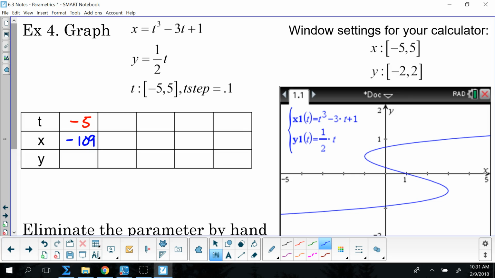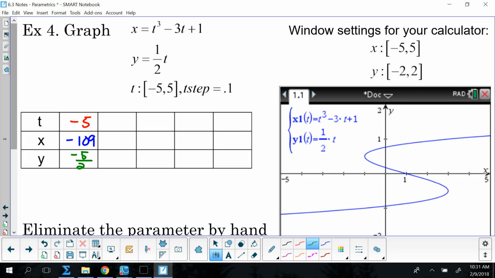So it would have been way out to -109. And then if I put it into my y function, that's going to give me -5 halves, or -2.5. So it would have been kind of out there.